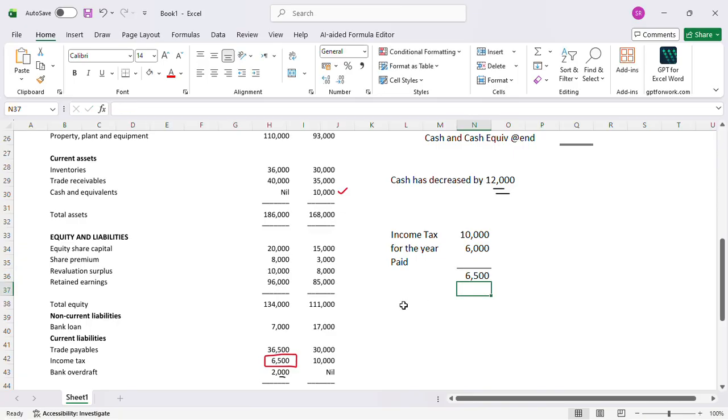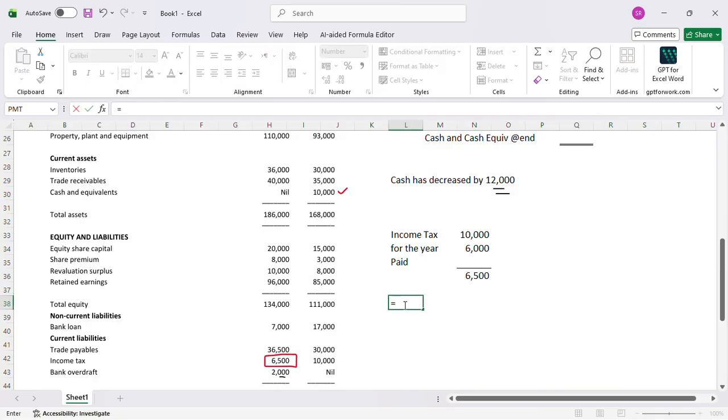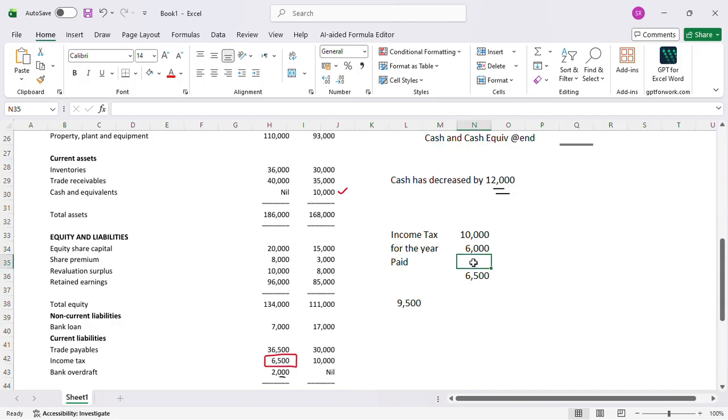What does that mean? How much did we pay during the year? That would be the missing figure here. So 10,000 plus 6,000 minus 6,500, so 9,500 is whatever we have paid during the year.